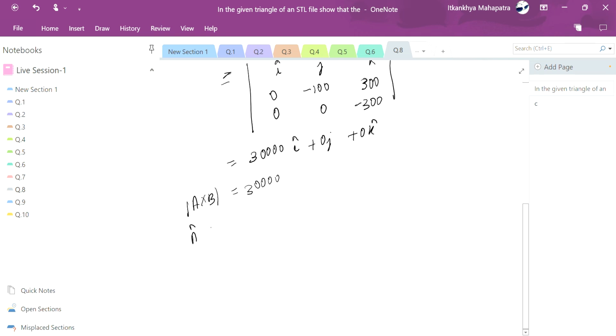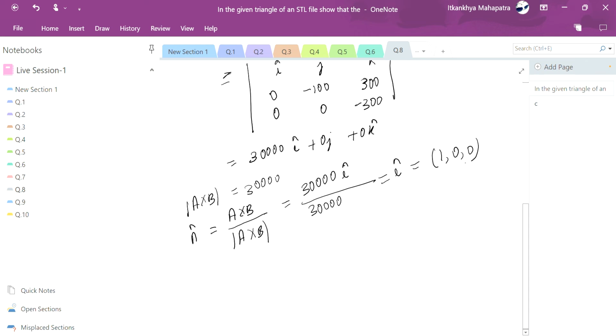Now N cap is equal to A cross B by A cross B magnitude. This will be 30,000 I cap by 30,000. This will be I cap, which comes to 100.